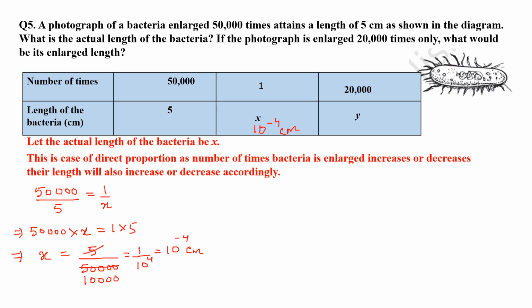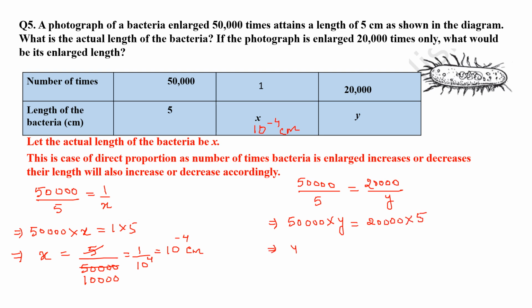As it is in direct proportion, again the ratio will be constant, it will be the same, right? So 50,000 by 5 will be equal to 20,000 by y. And if I do cross multiplication, it will be 50,000 into y equal to 20,000 into 5.